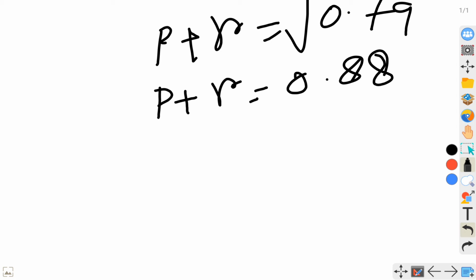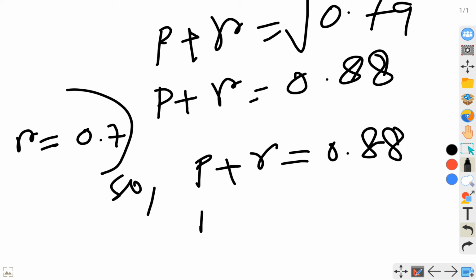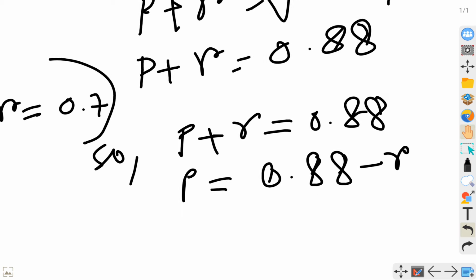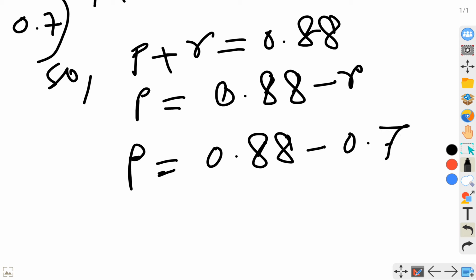As we have already got R is equal to 0.7, and P plus R is equal to 0.88, P is equal to 0.88 minus R. P is equal to 0.88 minus 0.7.